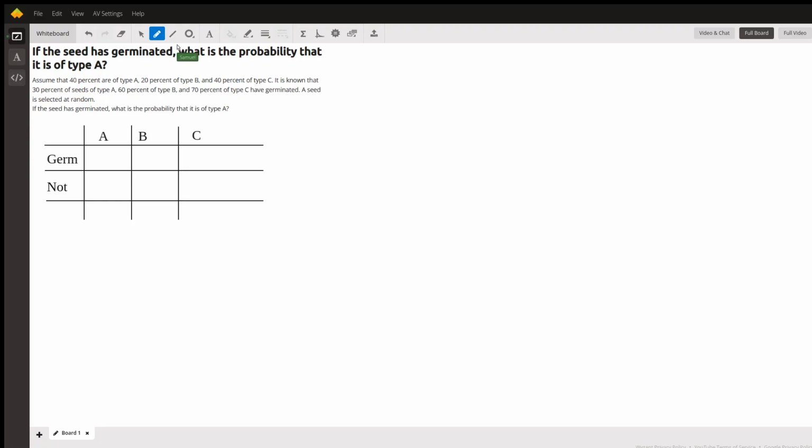So as mentioned, we don't have a specific total or number of each category, and we only have percents. Well, we can actually just work with percents and treat 100% as our main total.